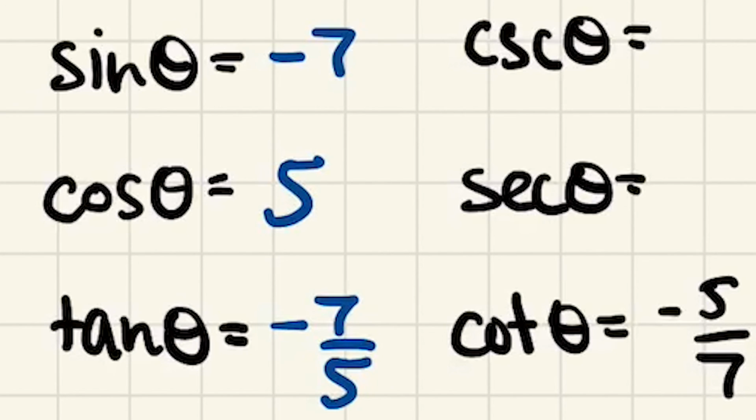It just means that the actual value of sine divided by the actual value of cosine would give us negative 7/5. It does not mean that sine is literally the numerator and cosine is literally the denominator. In fact, we know that sine and cosine have to be between negative 1 and positive 1, so they can't ever equal 7 or 5. Right?